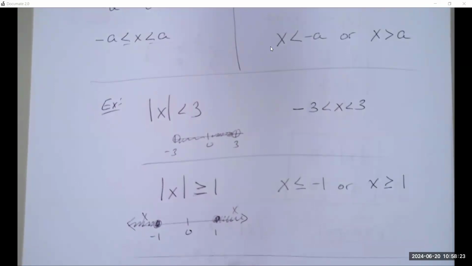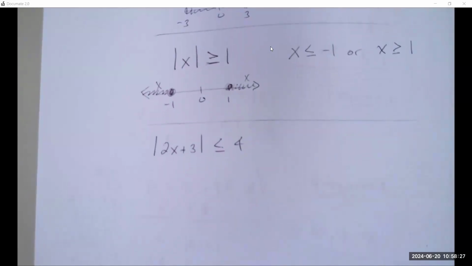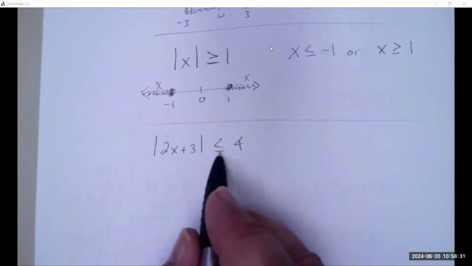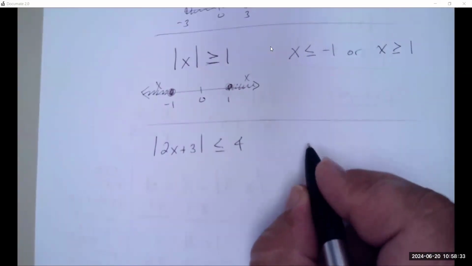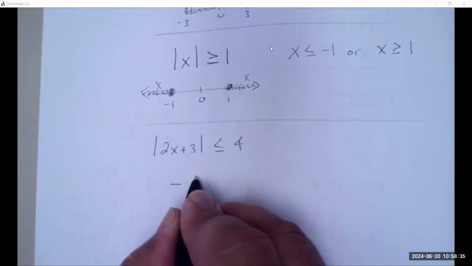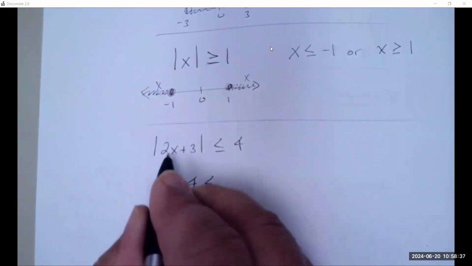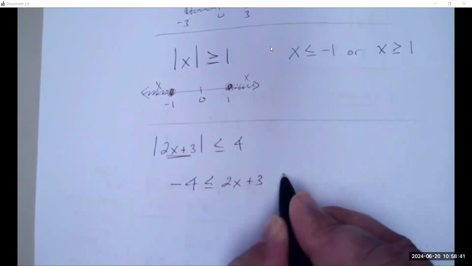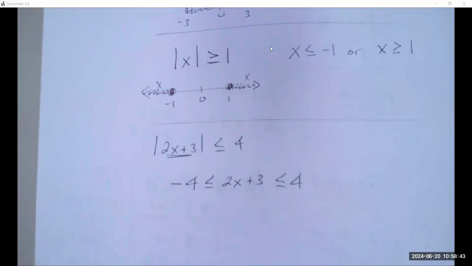2x plus 3 is less than or equal to positive 4. So it's less than. So we know that negative 4, whatever's inside here, is going to be less than or equal to positive 4.